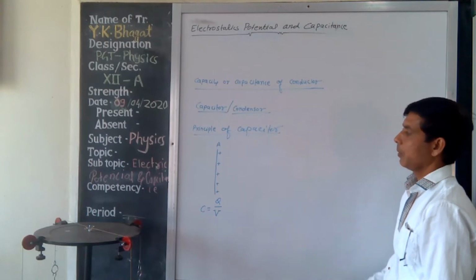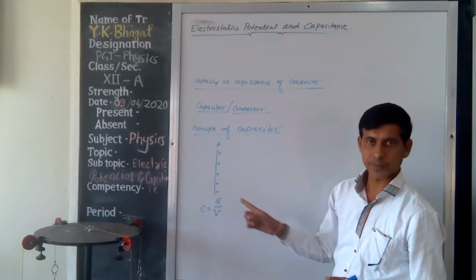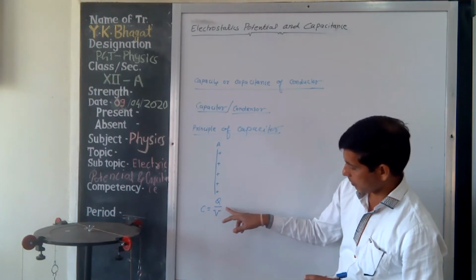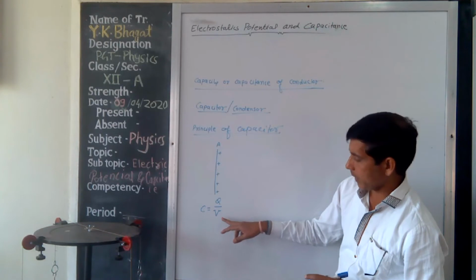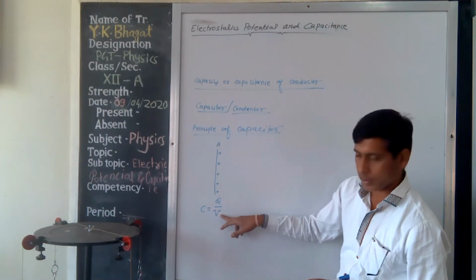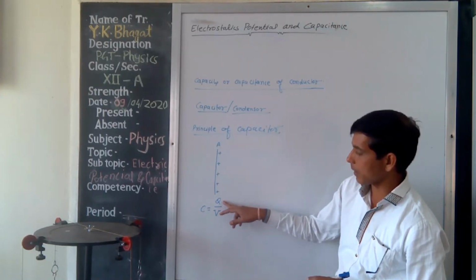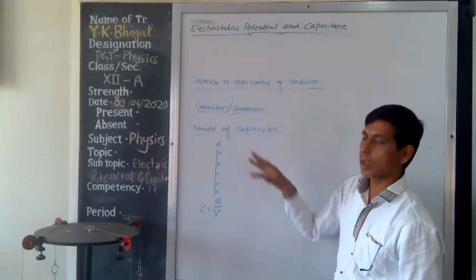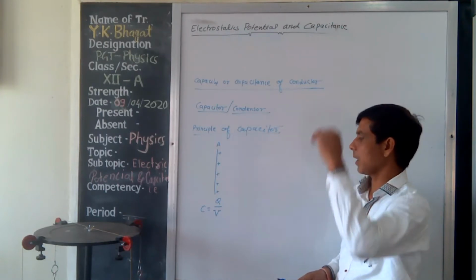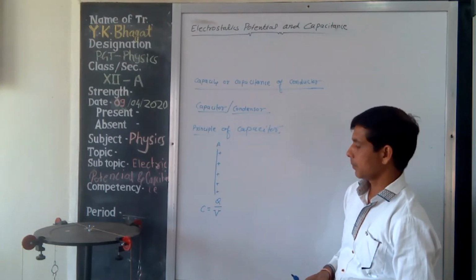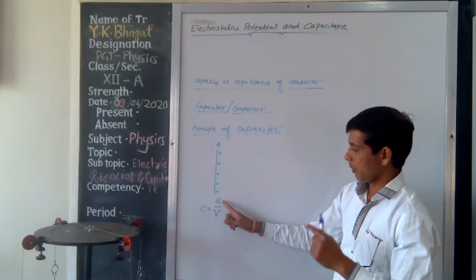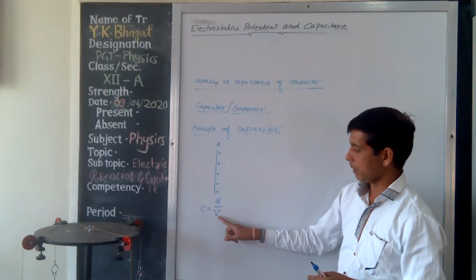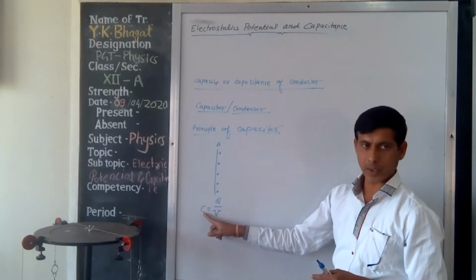When we want to increase its capacity, then from this formula we can increase it by decreasing voltage or increasing charge. Suppose Q is constant, then only one method remains: when we decrease the potential, capacity will increase.